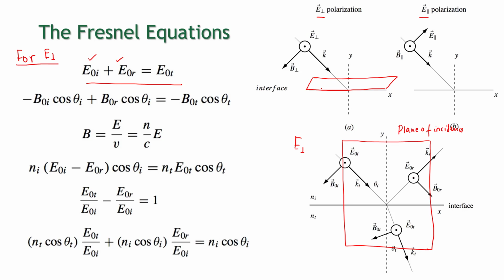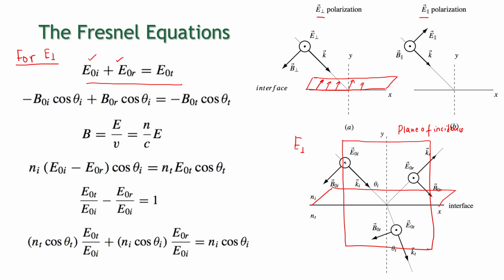Okay. So if you think about this electric field, it is parallel to this plane, right? This boundary. It is perpendicular to the plane of incidence, which means it is parallel to this plane. Does that make sense?